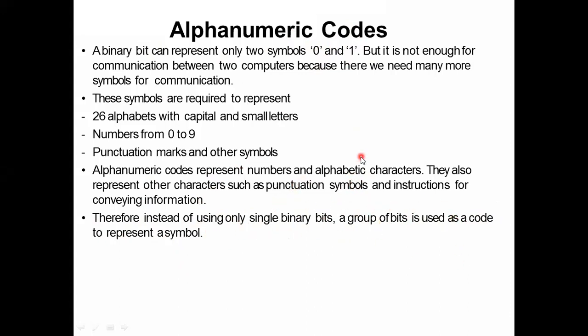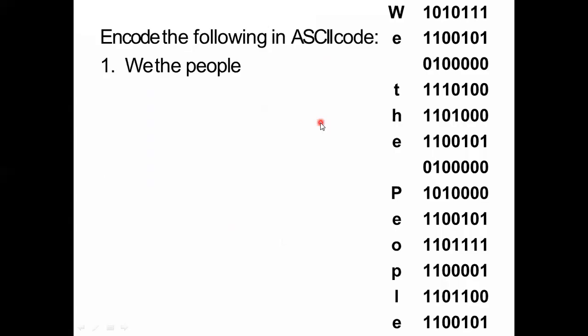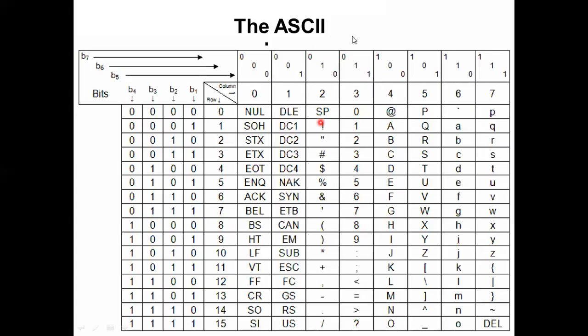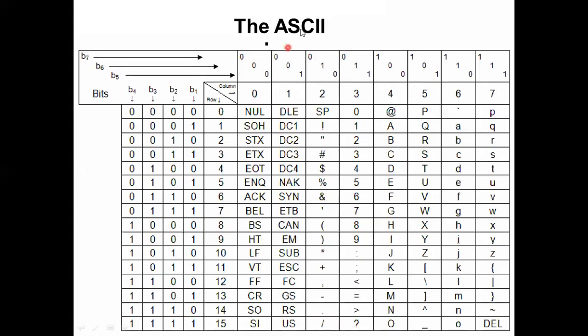See here, one table is there. This is the ASCII code table. There are so many symbols: capital A, B, C, D, E, F, G, H up to Z, and small letters, small a, small b, small c, d, up to small z.